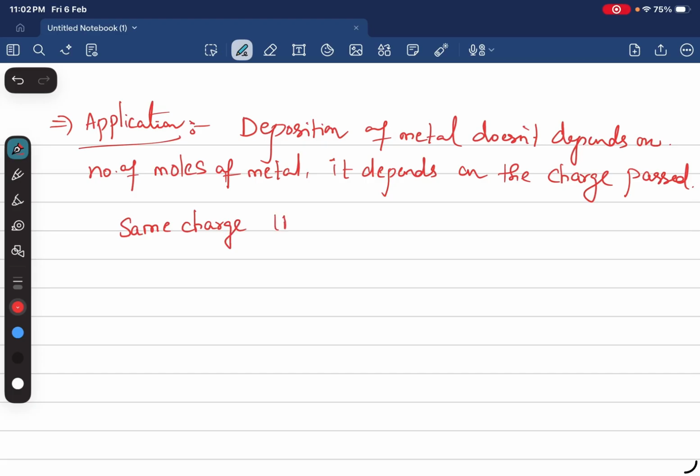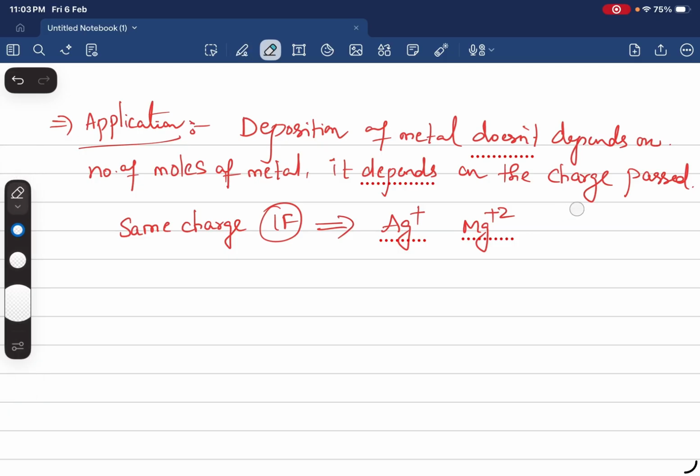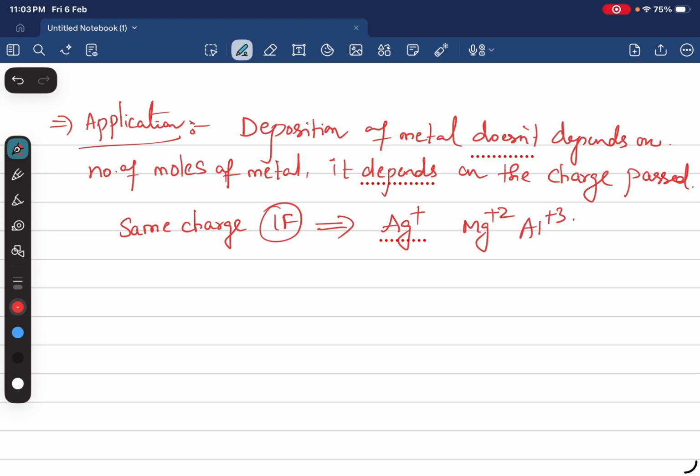Let us take 1 Faraday charge passed through Ag plus, Mg2 plus and Cu plus 2, or in a simple way, Al plus 3. Then to deposit 1 mole of Ag plus, what we can understand is very simple.